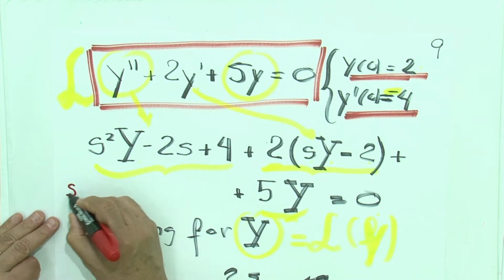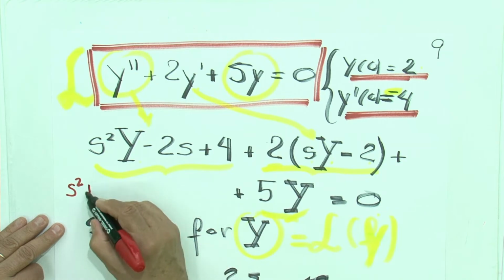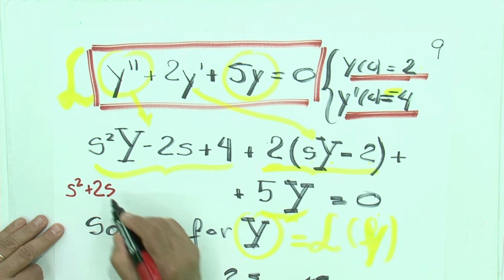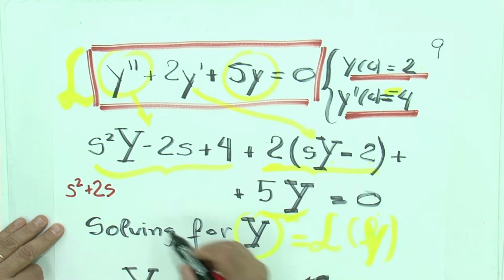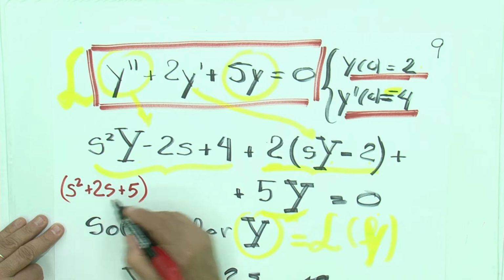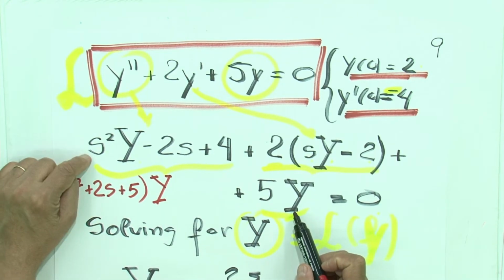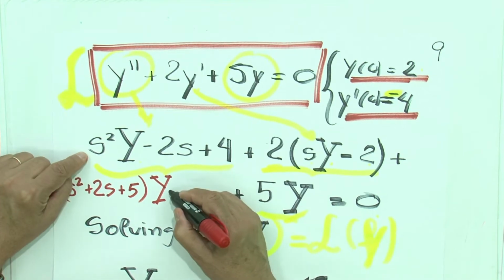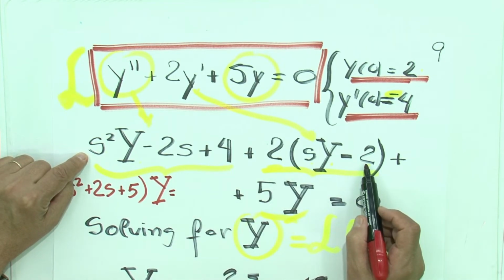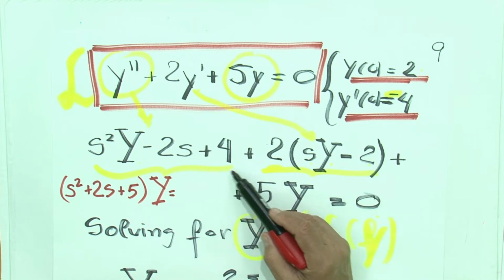So I have s squared plus 2s plus 5 times capital Y, which is everything multiplying Y. And then this is equal to, I have minus 4 from this part, you agree?